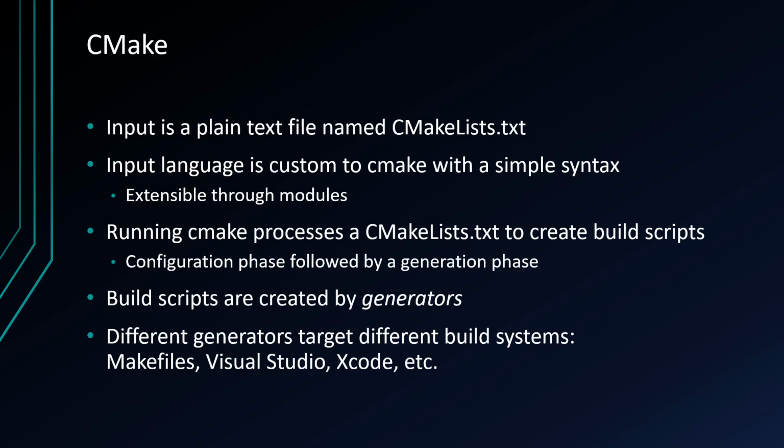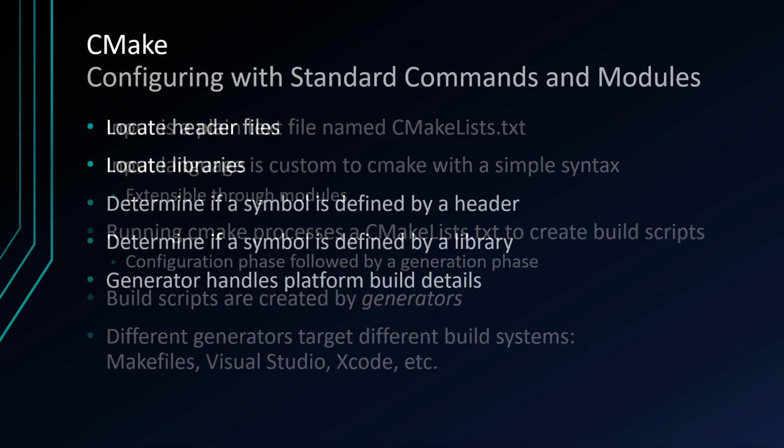By separating the concerns of configuration and generation, you can add new generators to CMake without having to get intimately familiar with the details of the configuration phase. And so there's a lot of different generators available for CMake: Xcode projects, Visual Studio projects, plain old makefiles. They can all be generated by CMake in the generation phase.